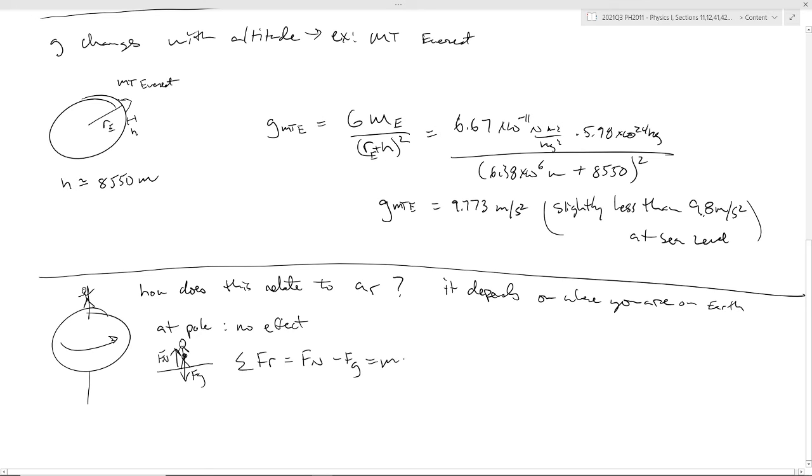And this is going to equal the mass times the radial acceleration, but there is no radial acceleration because at the pole you're not spinning. So in other words, this just tells you that the normal force, if you want to think of this as like the force that you would read on a scale, is just going to equal mg. Now this is different, however, if you're at the equator.